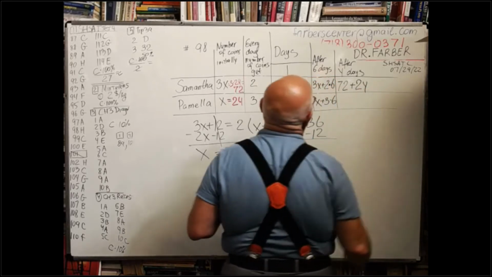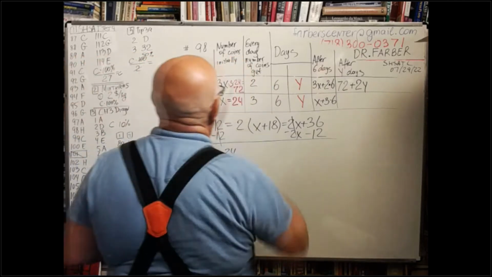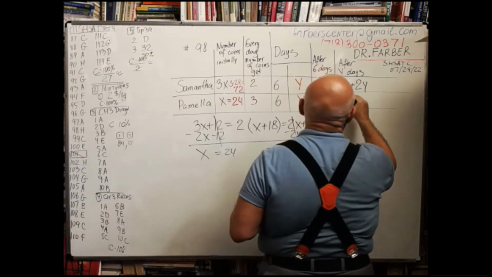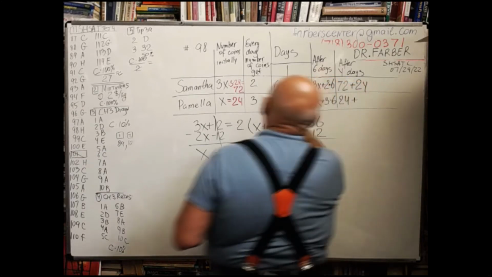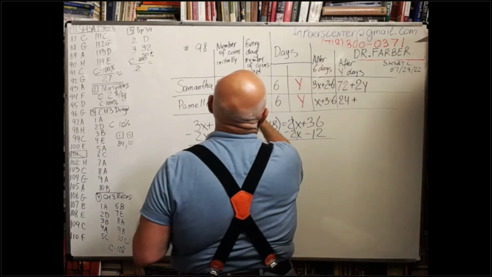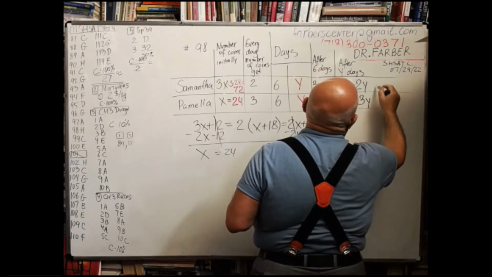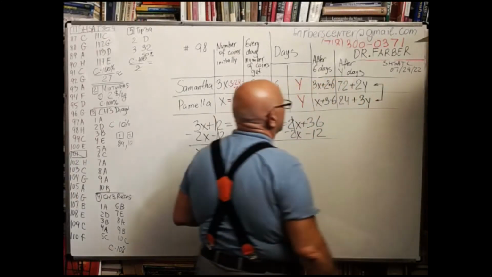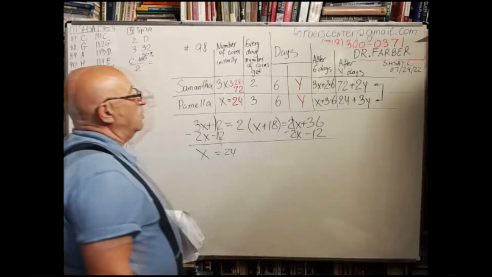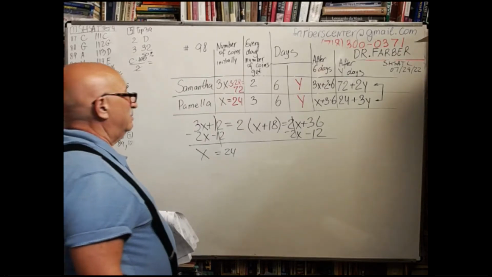What about Pamela? She had originally 24 plus every day she gets 3 coins, times y. And they asked how many days until the number of coins for Samantha equals the number of coins for Pamela.